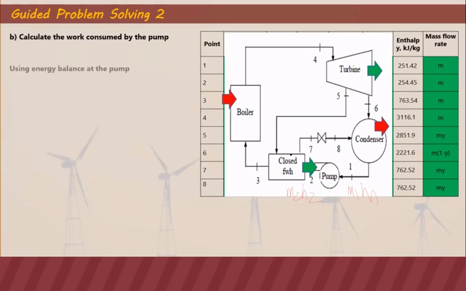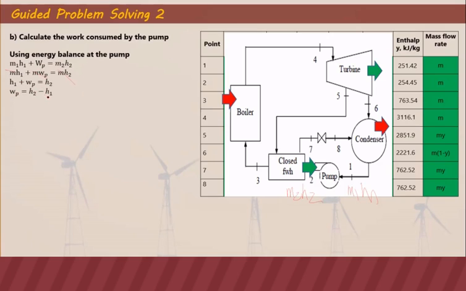So energy in, energy out in the pump gives us M1H1 plus the work of the pump, which is entering, equals the energy going out, M2H2. Since M1 and M2 are given in the table as the same M, we can cancel out M here. So our relationship becomes this one: the work of the pump is just H2 minus H1.